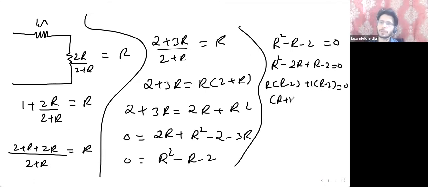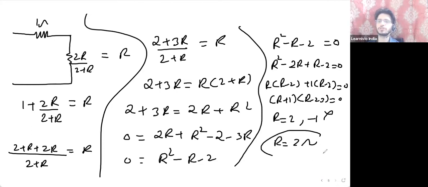So you have R plus 1 and R minus 2 is equal to 0, so you get R equal to 2 and minus 1. See, resistance cannot be negative, so that's not acceptable. The final answer is 2. Equivalent resistance is 2. So this is how we calculate circuit infinite series problems.